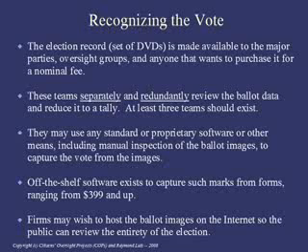Off-the-shelf software exists to capture such marks from forms in general, and it's very easy to use, starting at perhaps around $400. I'm sure you could spend a lot more, but I don't think you can spend much more than a few $1,000s on such software packages that do just as much as a low-cost package.